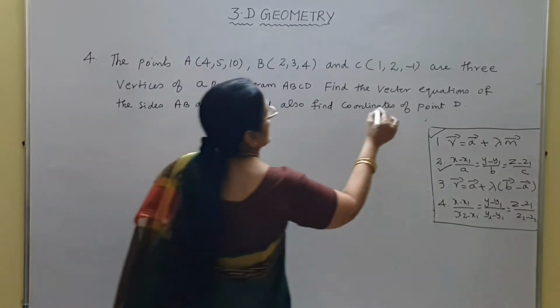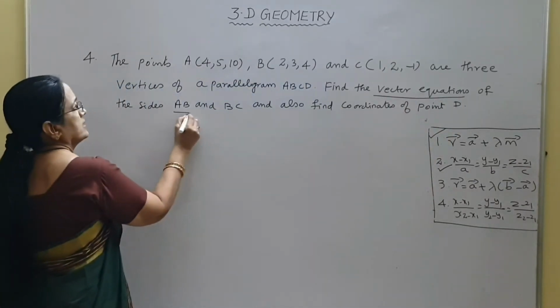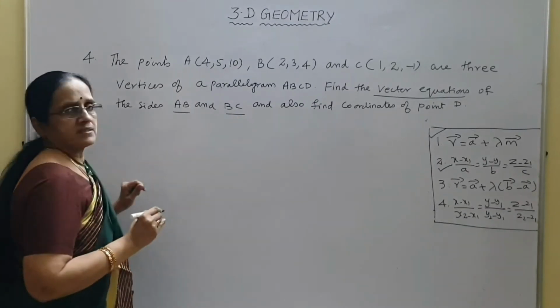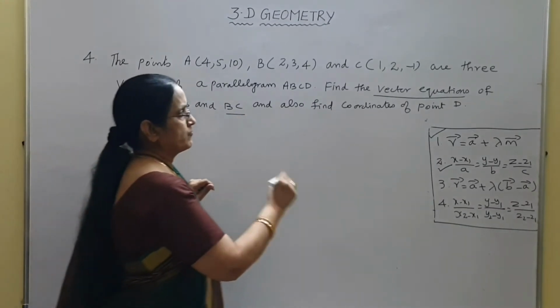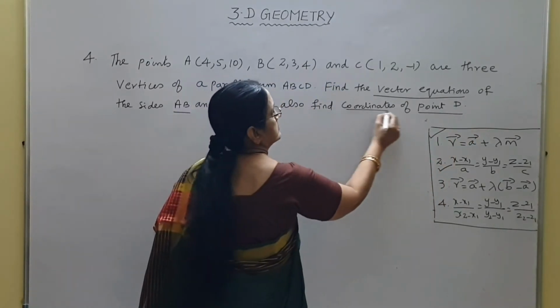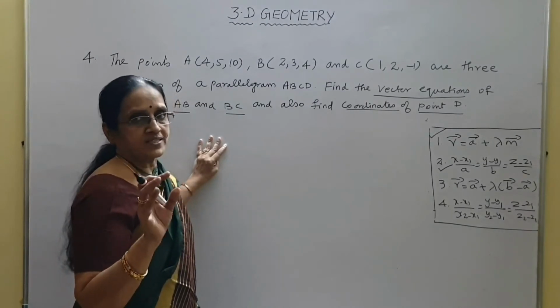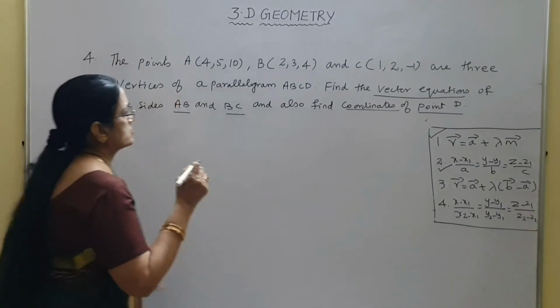You need to first write the vector equations of AB and BC. Also you need to find out the coordinates of the point D. This question was asked in Delhi 2010 board examination. Let's do this. Solution.